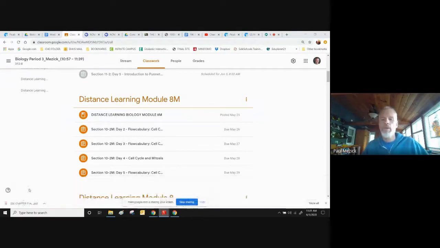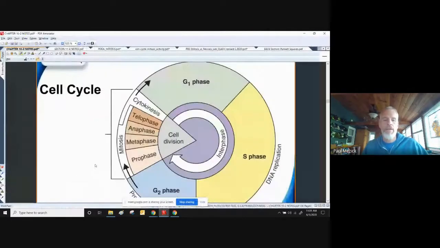Last week we looked at the cell cycle, and we looked at a particular stage, which was mitosis. Oh, it looks like it's writing backwards, so we'll have to fix that.